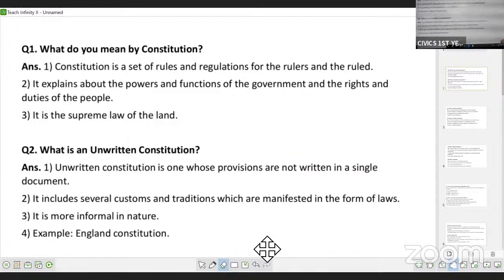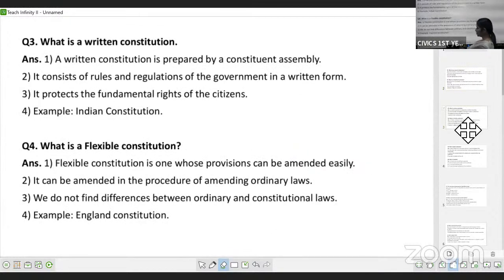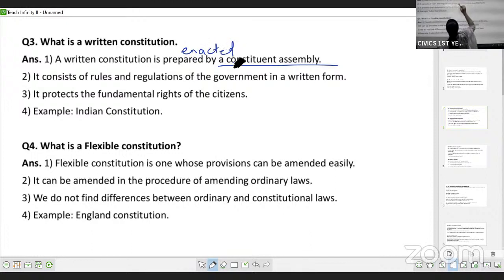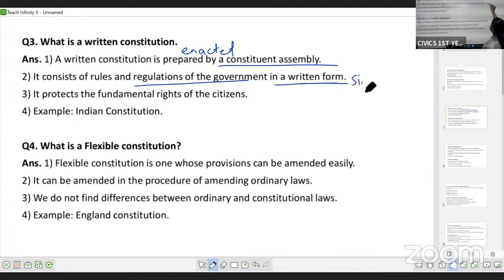Next is, what is a written constitution? Unwritten and written are opposite to each other. If you know one, you can write for the other. A written constitution, as I just explained, is prepared by the Constituent Assembly. So it is an enacted constitution, and all the rules and regulations of the government are in written form, in a single document.